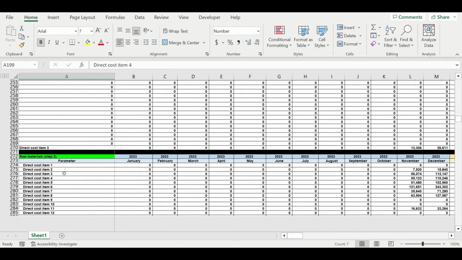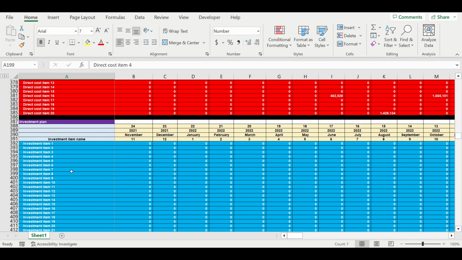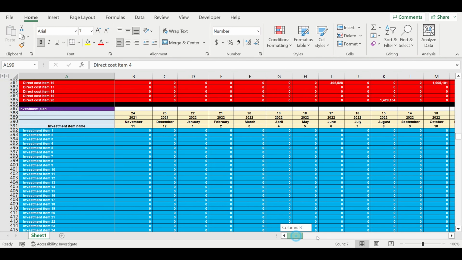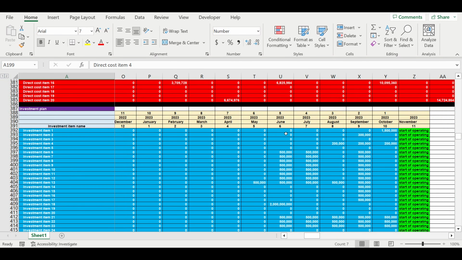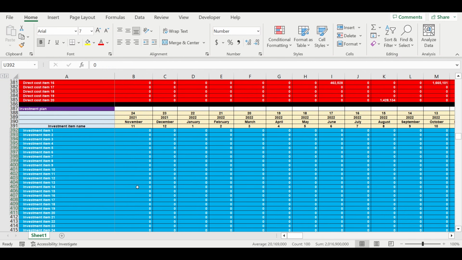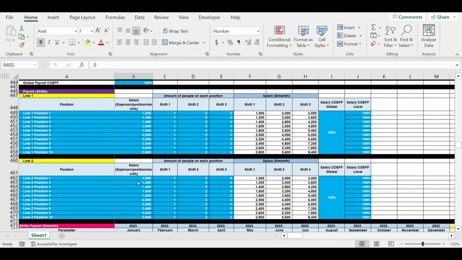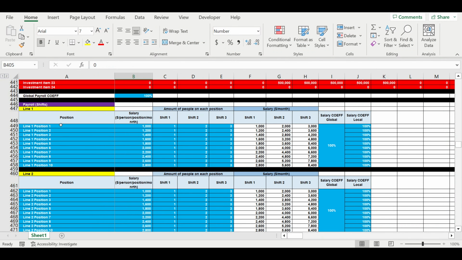And then we moved to the payroll, which is linked to the amount of shifts for line 1 and line 2. Then we moved to the fixed payroll.